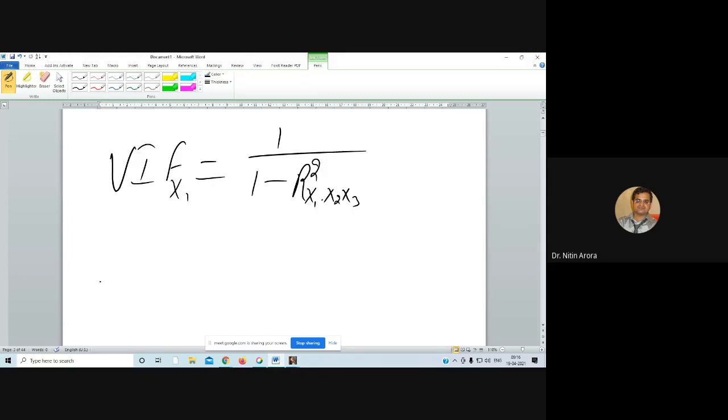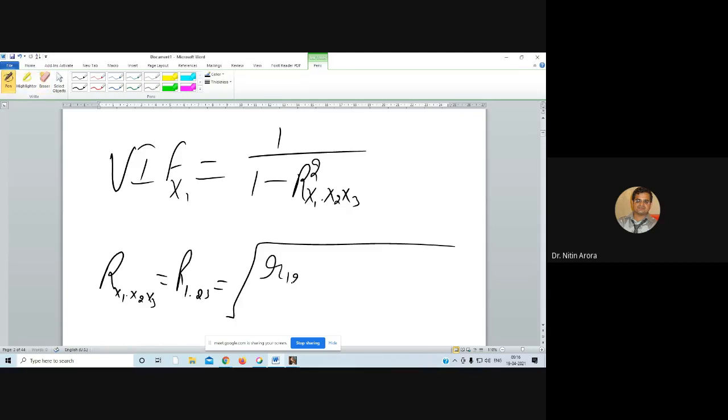R x1 dot x2 x3 is nothing but R1.23, which I had given you the formula: square root of R12 square plus R13 square minus 2 R12 R13 R23 upon 1 minus R23 square.